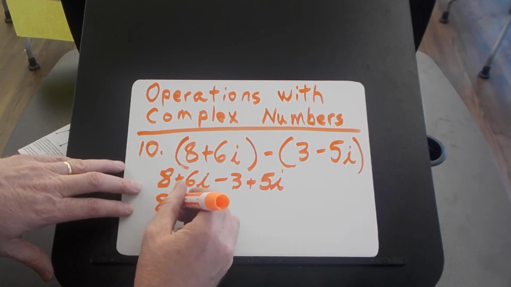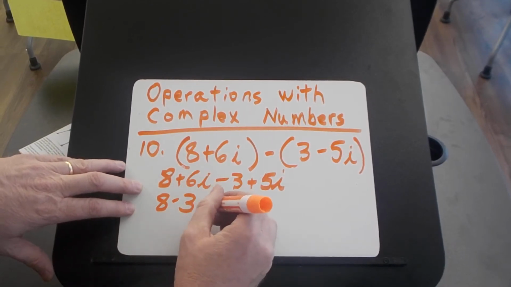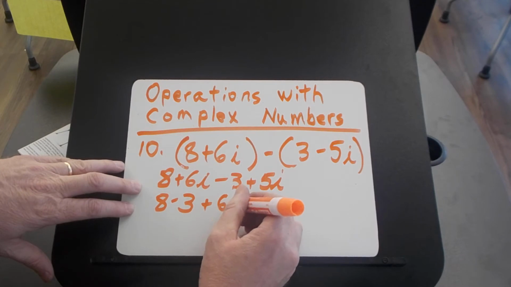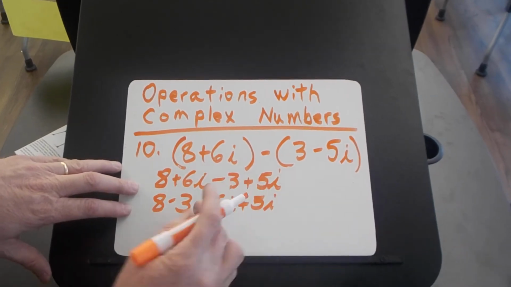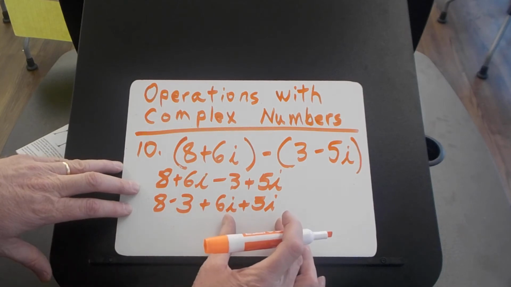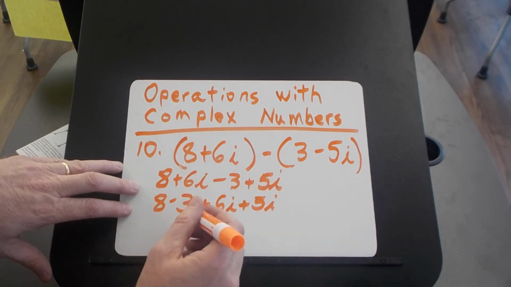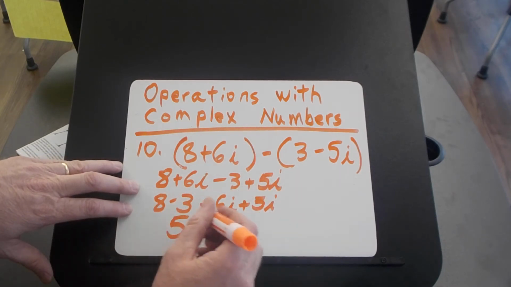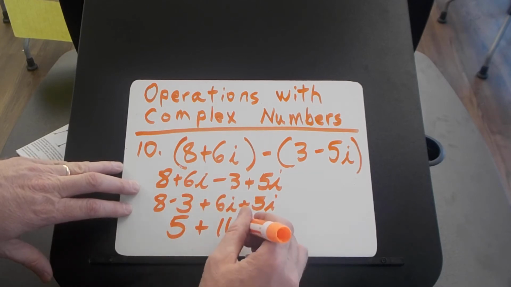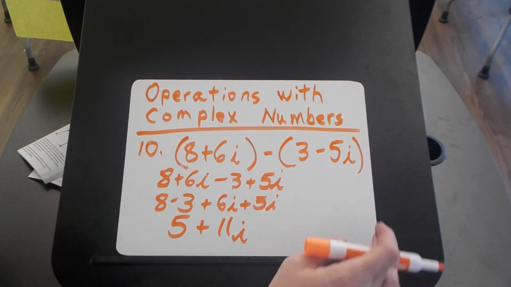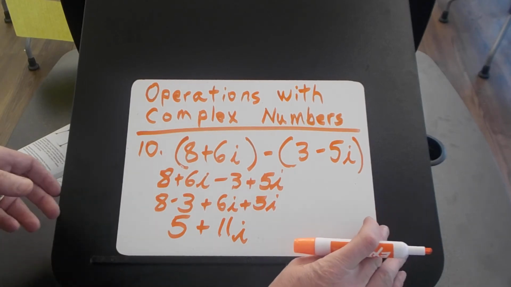I might even just write that out, and then write plus 6i plus 5i. So I just kind of rearrange things, got the two real parts and the two imaginary parts together. 8 minus 3 is 5, 6i plus 5i is 11i. So that's 5 plus 11i. That's how that one is done.